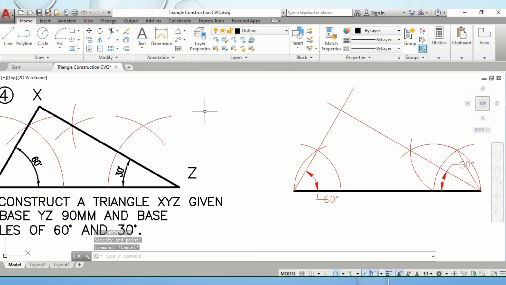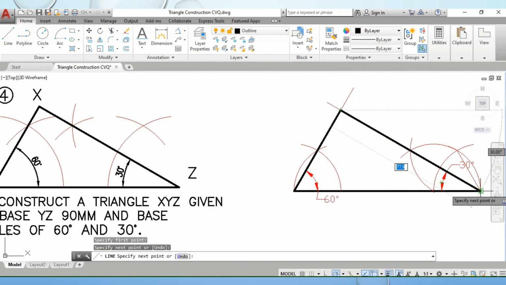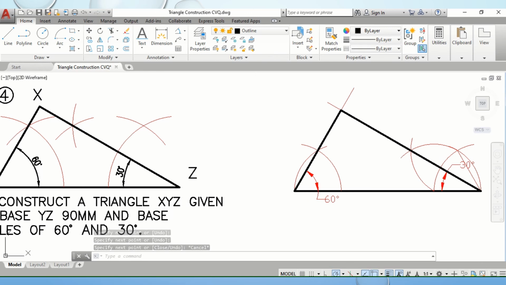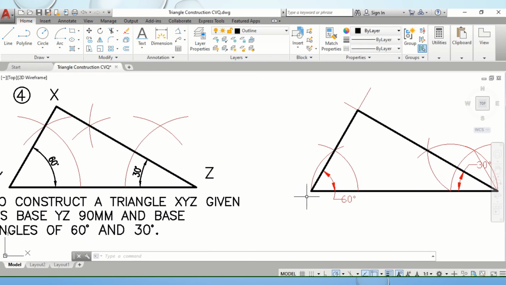And the required triangle would be this triangle here. So this would give you your triangle XYZ when given the length of the base and the two base angles. All right, so we're going to complete this construction here with construction 4.